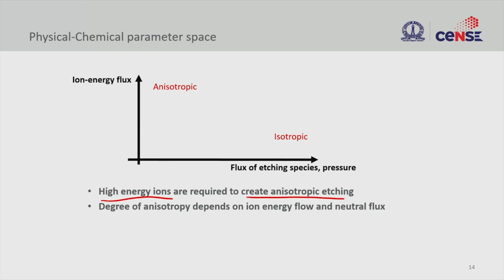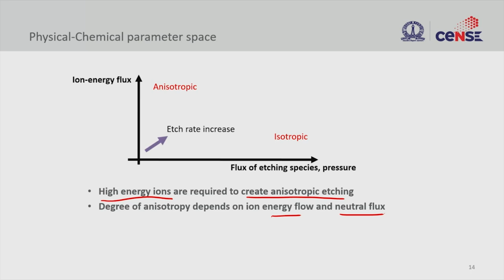The degree of anisotropy depends on ion energy and flux as well, so both flux and the energy. In this case the neutral flux is the important one. You have ion energy and neutral flux that are important in creating this anisotropic etch.